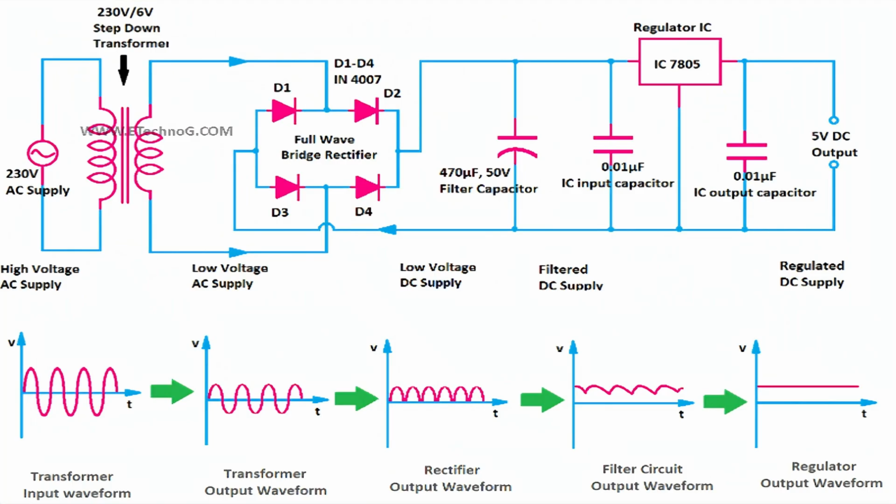The schematic diagram you see here shows the actual implementation of the basic DC power supply circuit you saw on the previous slide. Here, you could also see the transition of the waveforms from the input, which is a sine wave, alternating current, to the output, which is a pure, constant DC signal. On the left here, we have the input AC signal. We have the full wave bridge rectifier here.